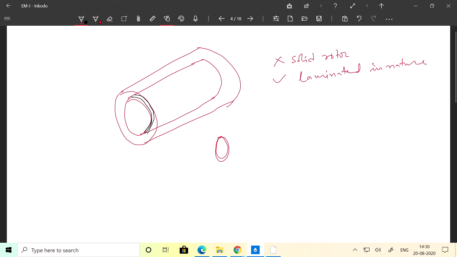This rotor is actually made up of small slices, and these slices are bolted together like this through screws and nut bolts.